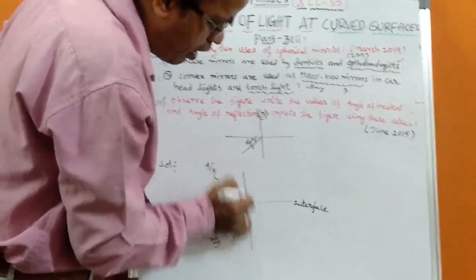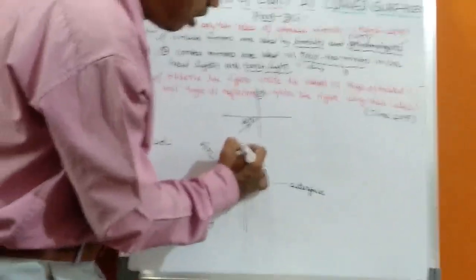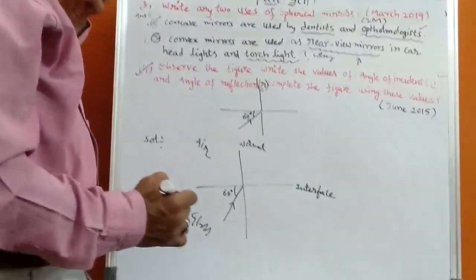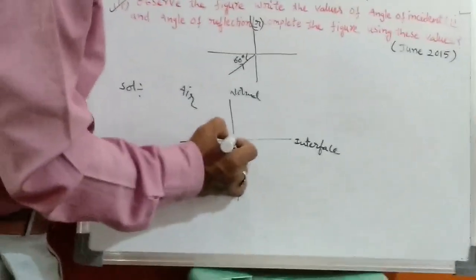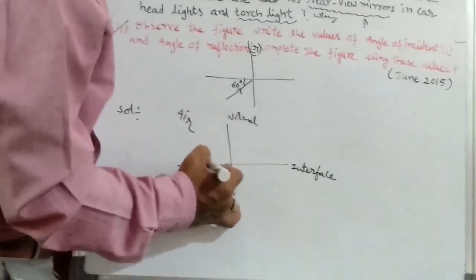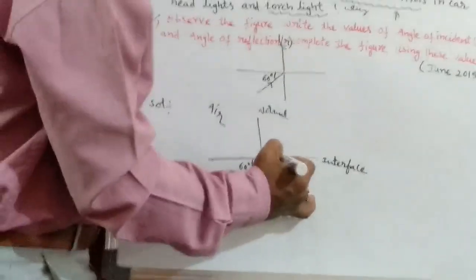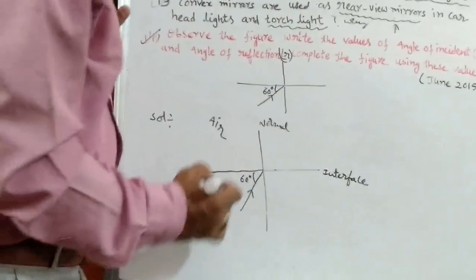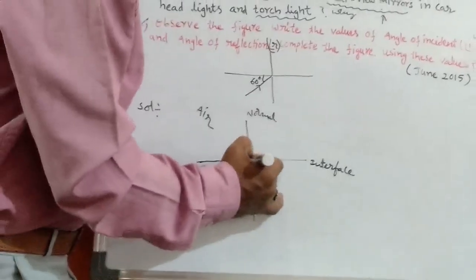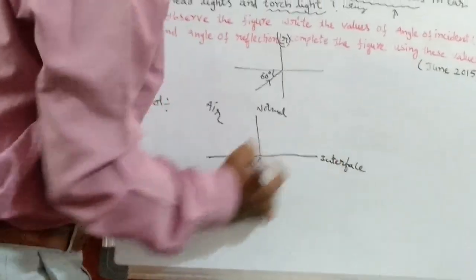This perpendicular line which is drawn is the normal line. Now this angle of 60 degrees is made by the interface, not by the normal line.